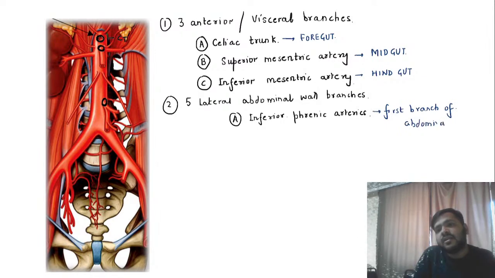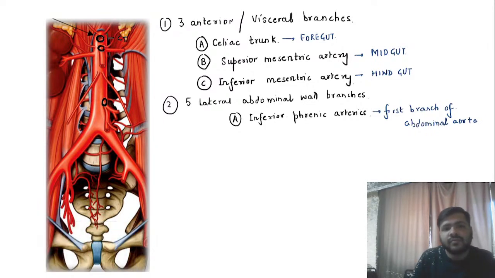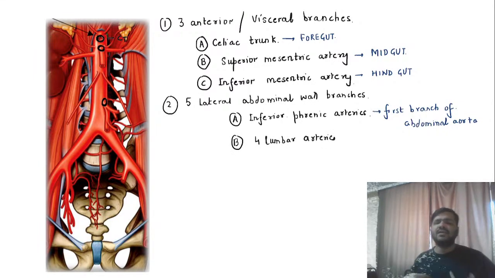It is the first branch of abdominal aorta. Another important question. Okay. And the second one that you have to remember over here, it is the four lumbar arteries on each side. Four lumbar arteries. So in total, we have five on one side.